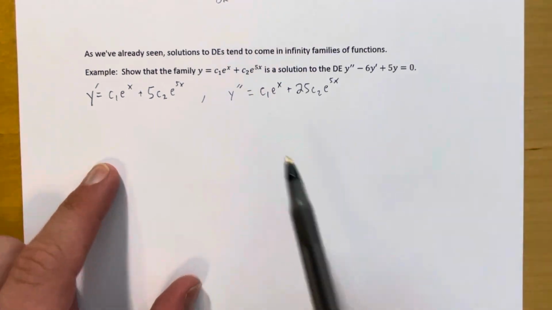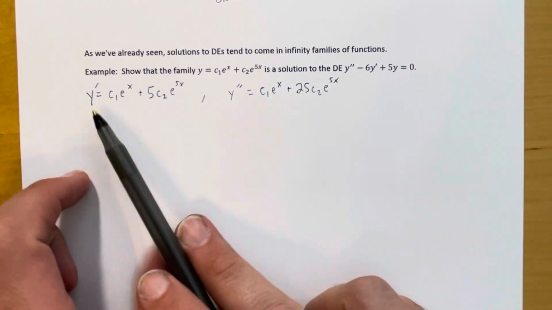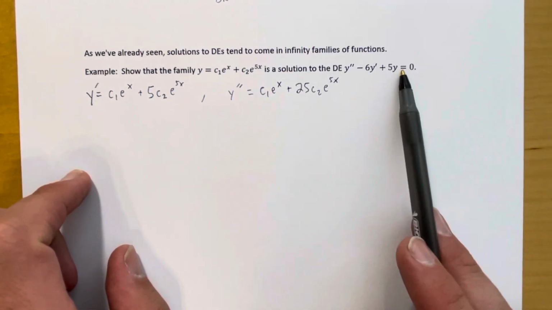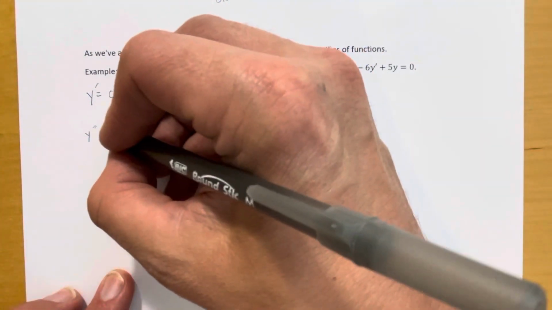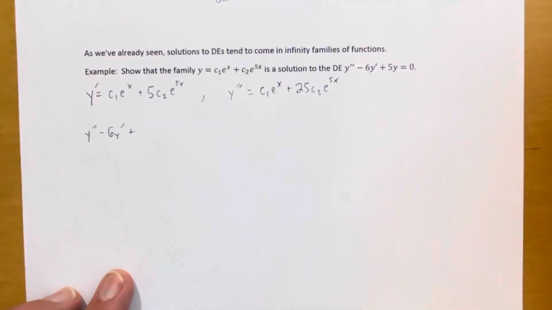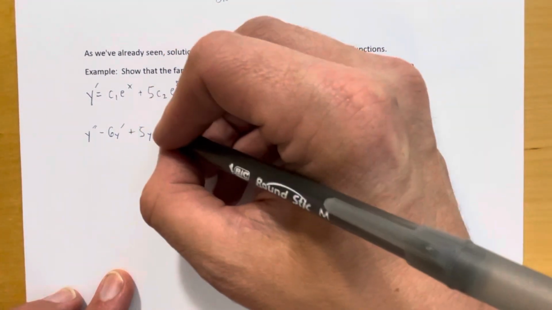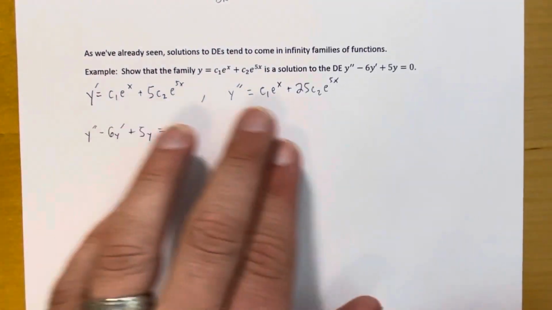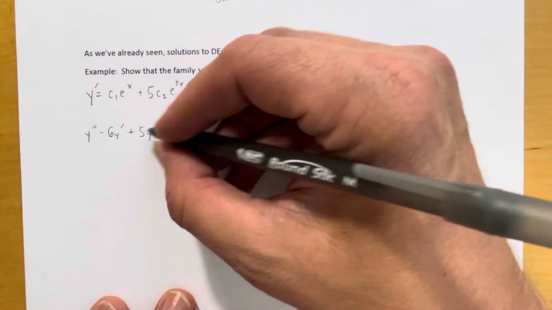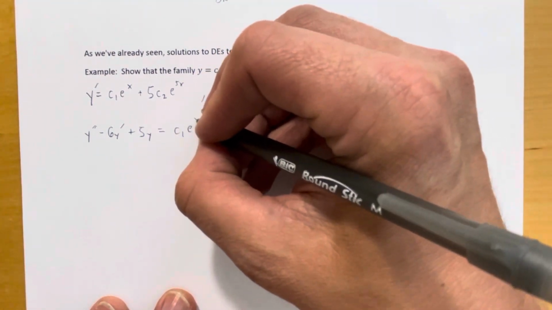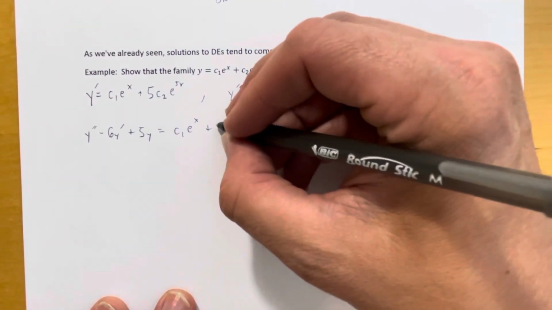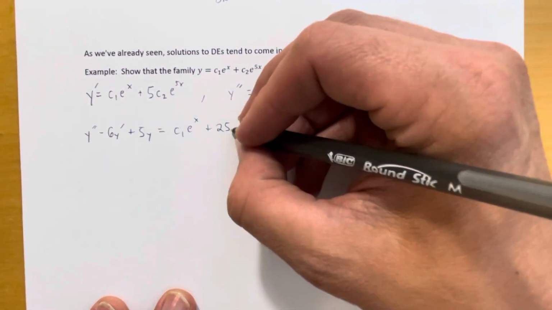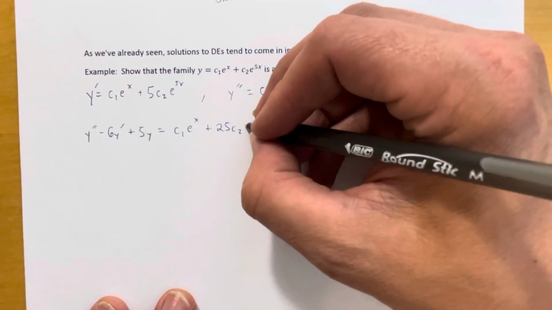Now, I want to substitute y prime and y double prime into this. So y double prime minus 6y prime plus 5y equals, I'm actually going to plug things in now. So y double prime was c1 e to the x plus 25 c2 e to the 5x.